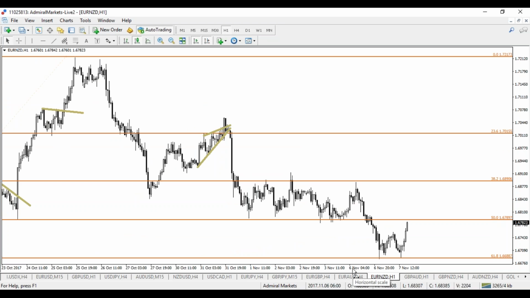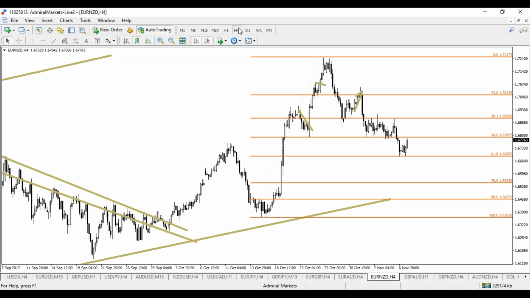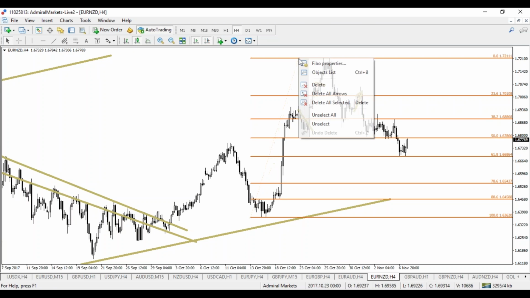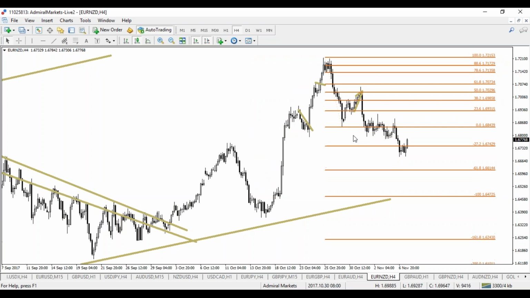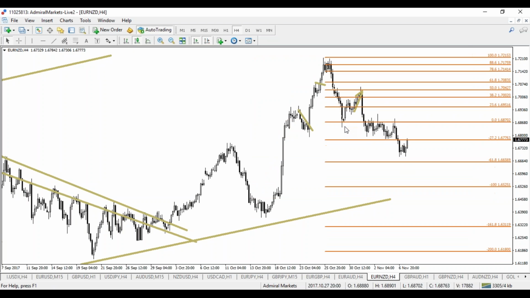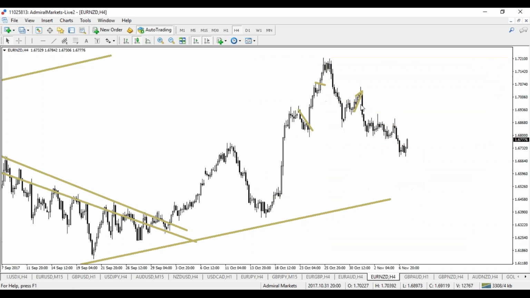Let's see. Well, just keep in mind that this has the interest rate tomorrow, one day from now. We are getting a bit bigger correction at this moment. 61.8 fib bounce. Bit tricky.